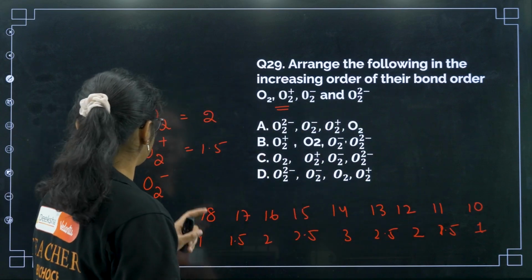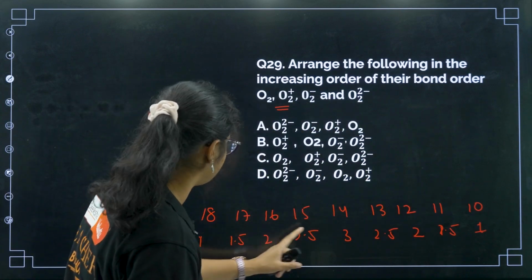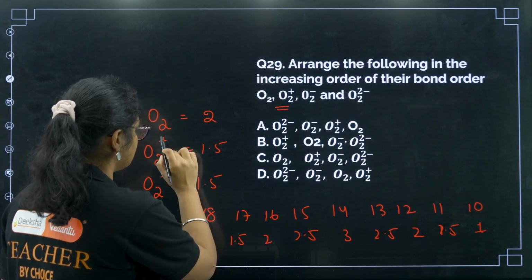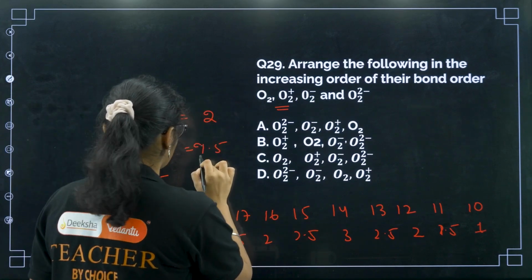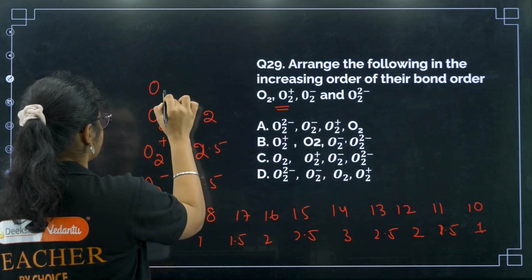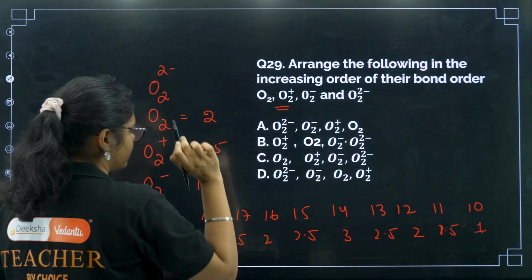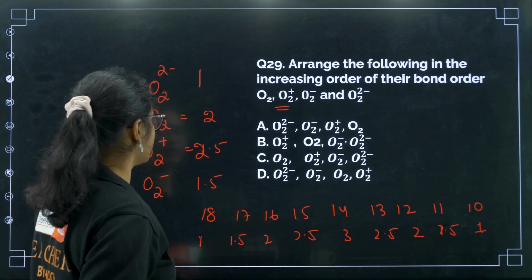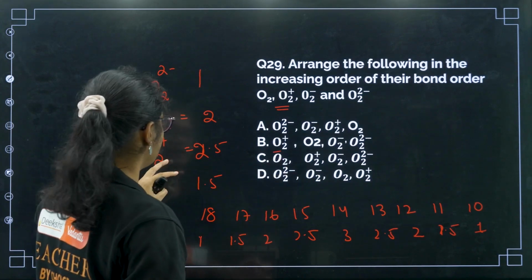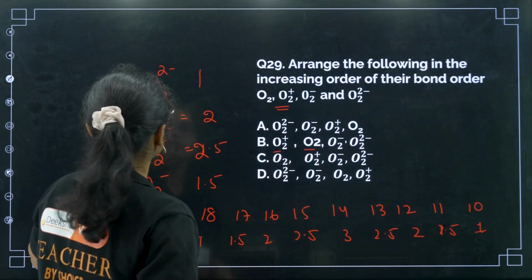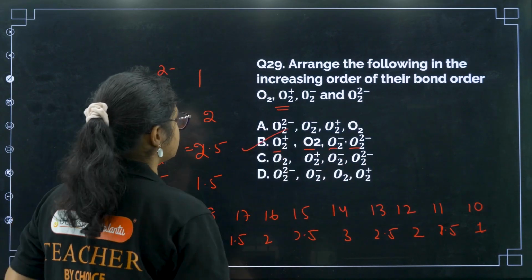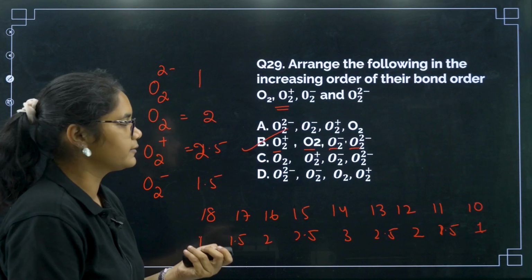Next we have O2 2 minus, 18 will have 1. Okay. So now if I order this, first I will get O2 plus, then O2, then O2 minus, then O2 2 minus. So option number B is the correct answer here.